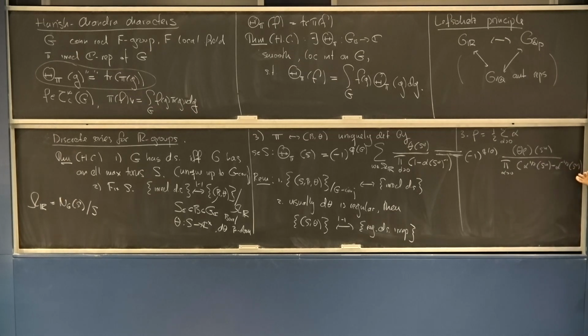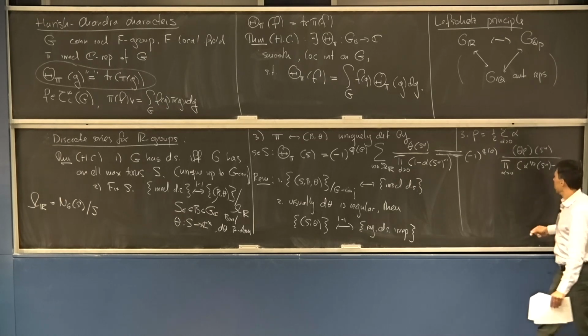And this looks nicer. This looks more symmetric. And in fact, it is more symmetric. Now you can see what the Weil group does. A Weil element just decides to make some positive root negative. But all this does is it flips the sign here. So this is a much nicer gadget here. It's invariant under the Weil group.